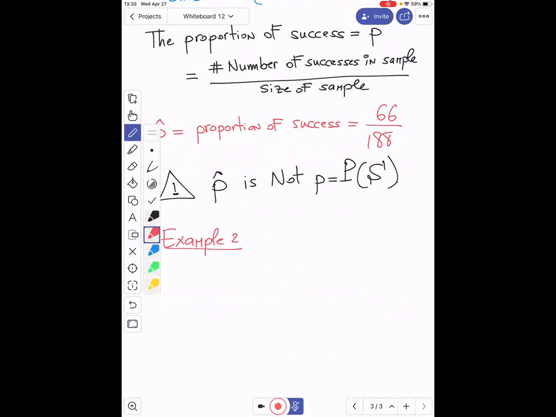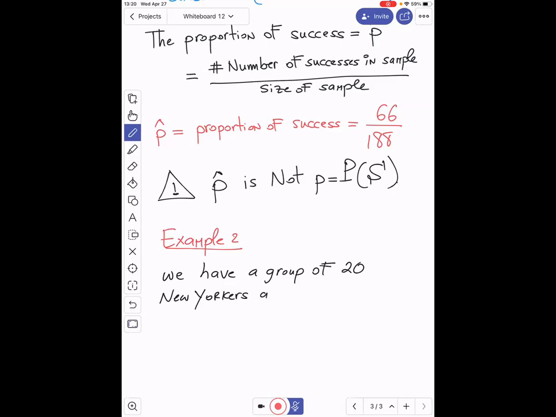Let's say we have a group of 20 New Yorkers, and let's say 12 out of the 20 got COVID.